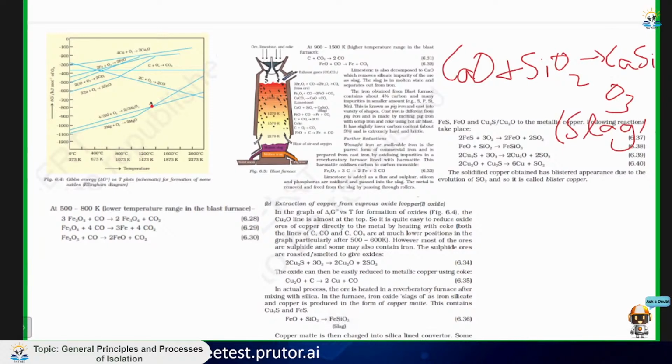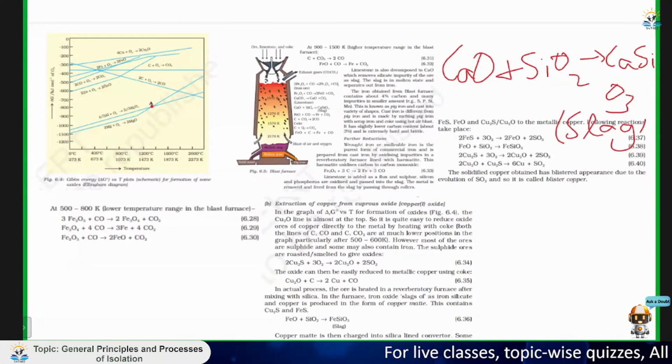The iron obtained from blast furnace contains 4% carbon and many impurities. So after reduction you're gonna obtain the crude metal of iron called pig iron. From pig iron you're gonna have many kinds of iron: cast iron, wrought iron, stainless steel, and many such things.